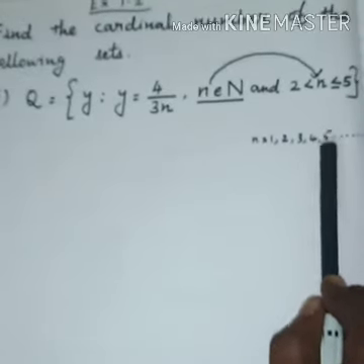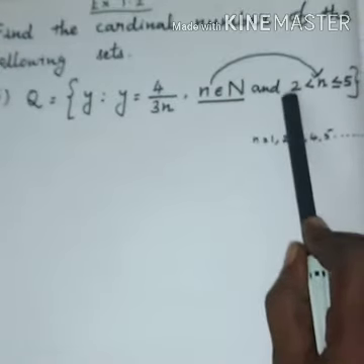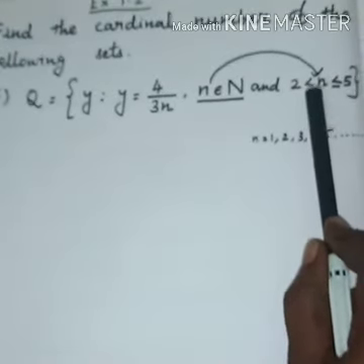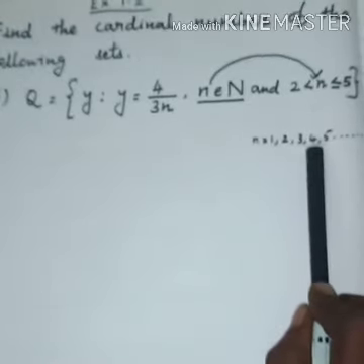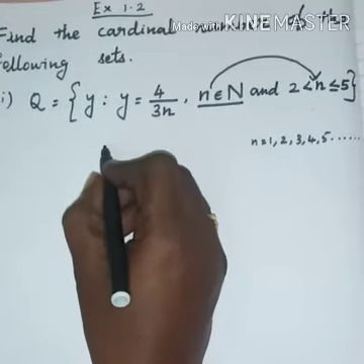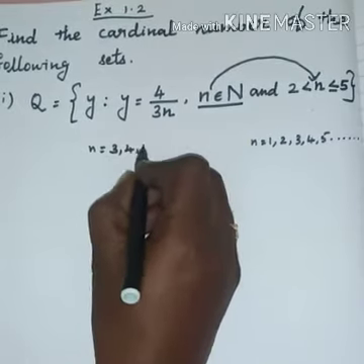We should take 5 because the less than or equal to symbol is given. We should not take 2 because the equal to symbol is not given. So the values for n are only 3, 4, 5.